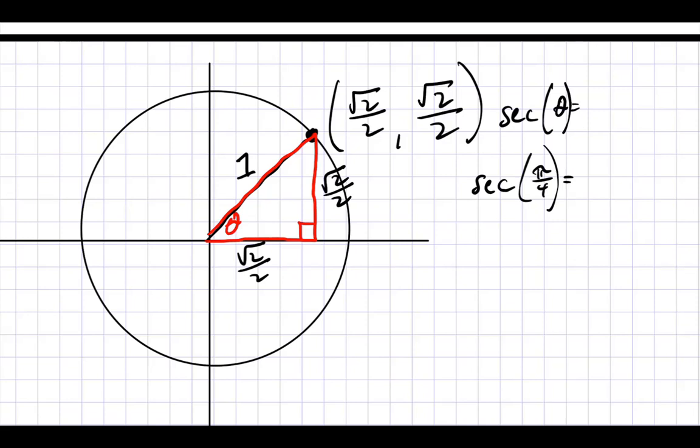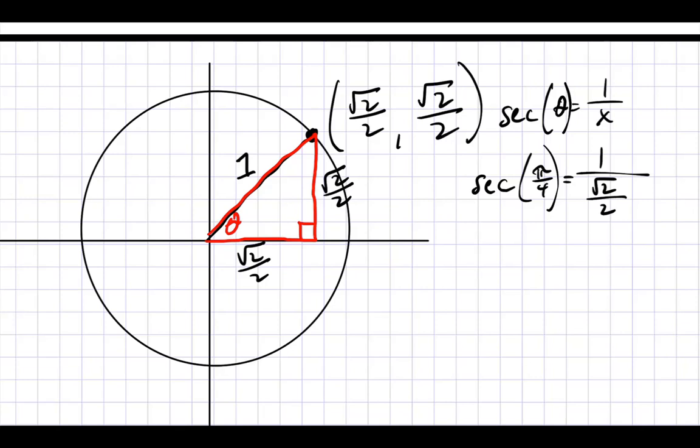Cosine. And cosine is x over 1, or just x. So the reciprocal of that is going to be 1 over x. So the x coordinate for pi over 4 is square root of 2 over 2, so it's going to be 1 over square root of 2 over 2.